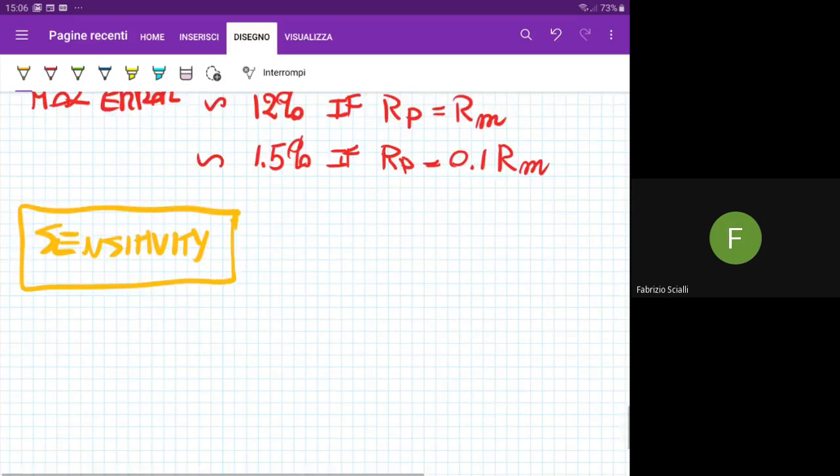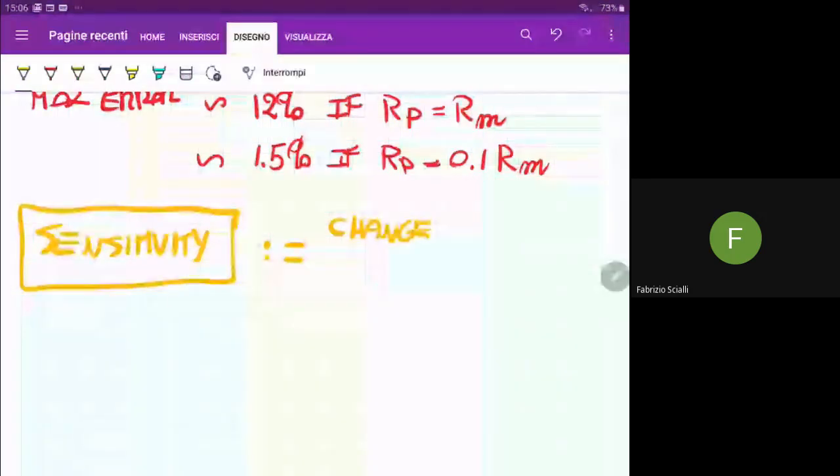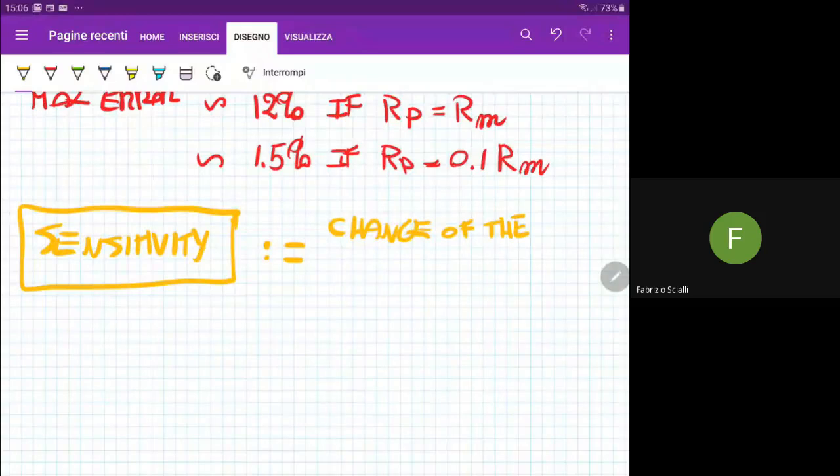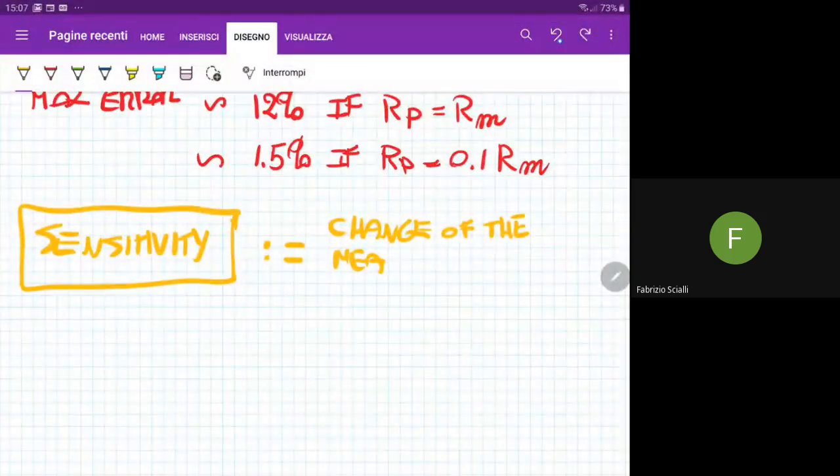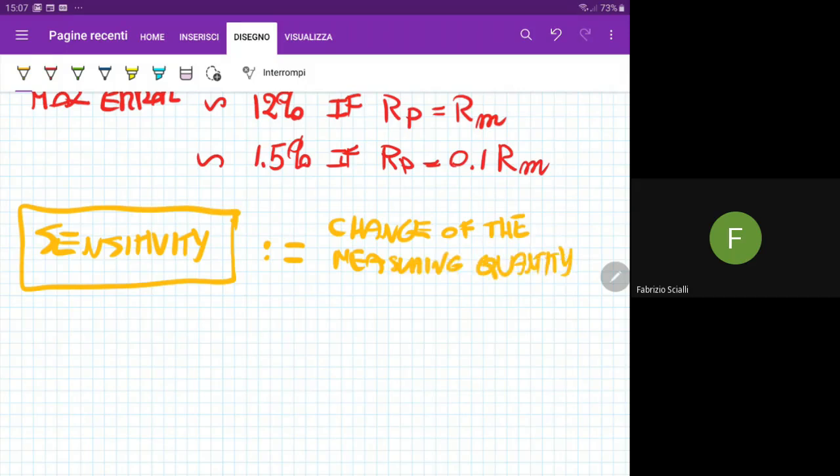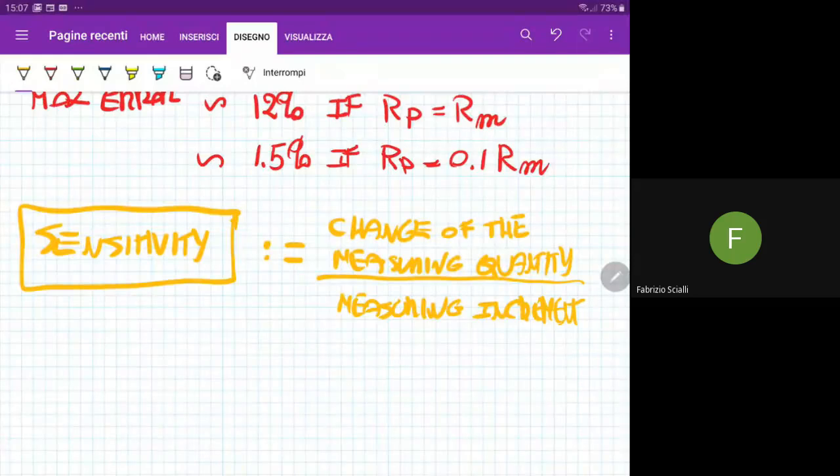So the sensitivity is a sort of ratio between the change, with respect to the measuring increment.